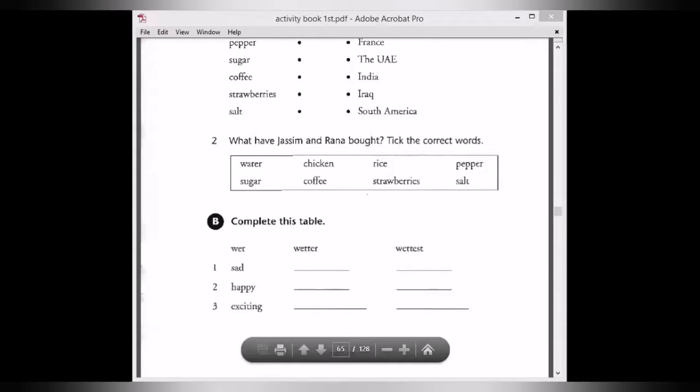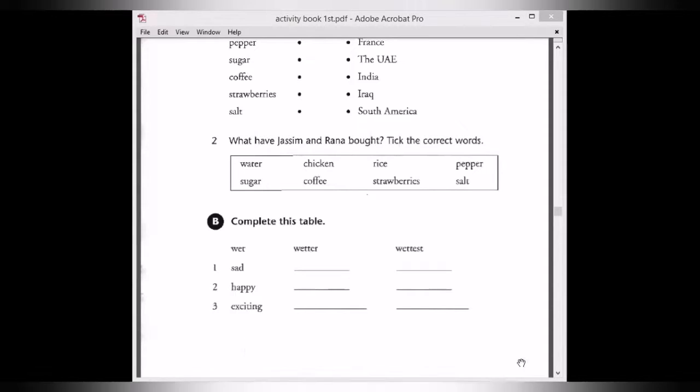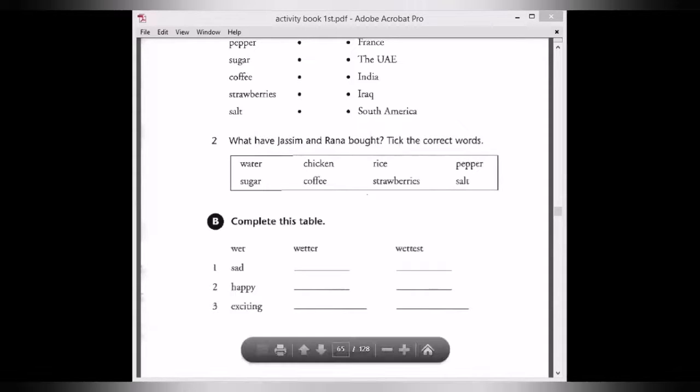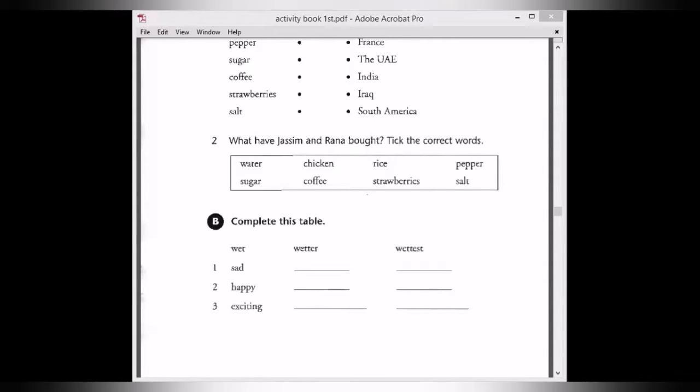Sorry, I lost the connection. Okay, so as Yaman has said, happy becomes happier and happiest. We change the Y into I and we add ER and EST.